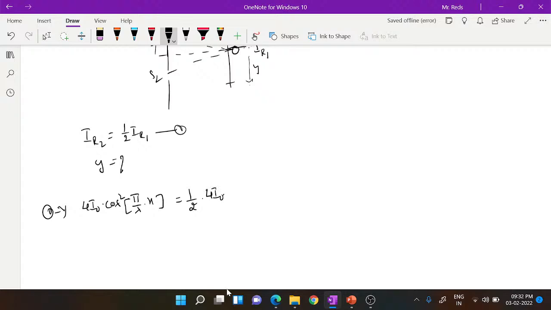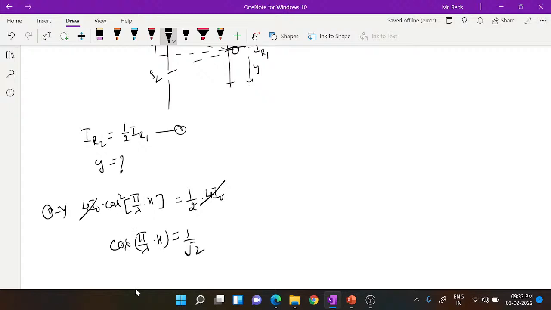Now to simplify this, you get cos square pi by lambda into x is equal to half. So from this you can write cos pi by lambda into x is equal to, if you send this square this side, it becomes 1 by root 2.